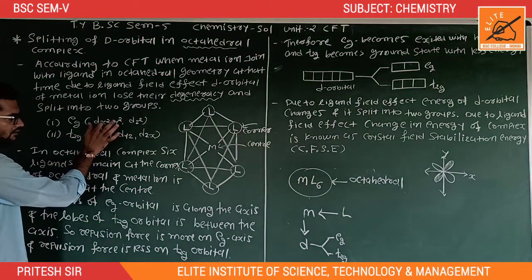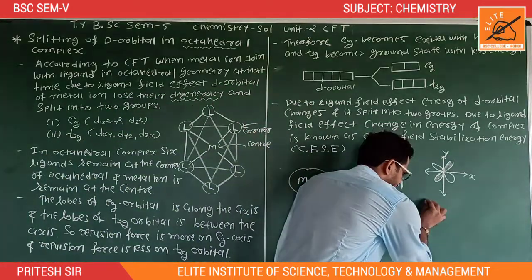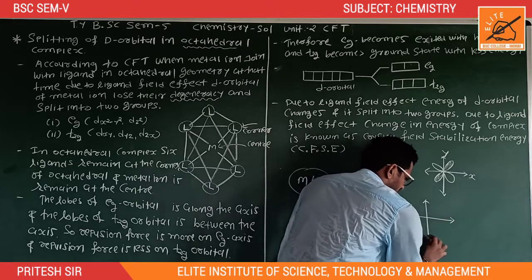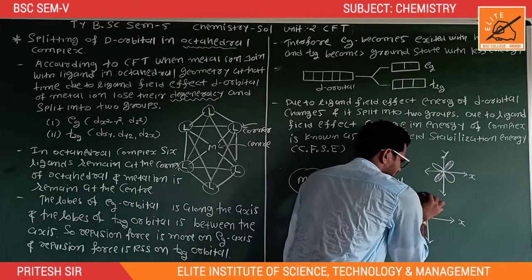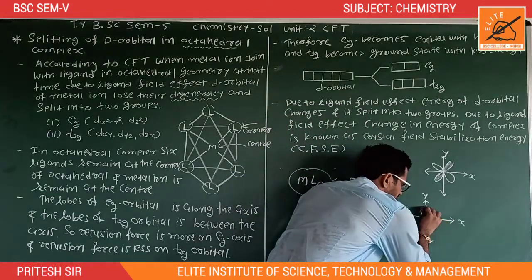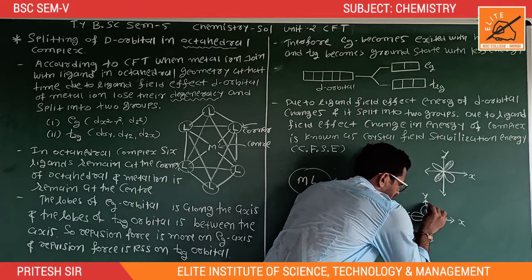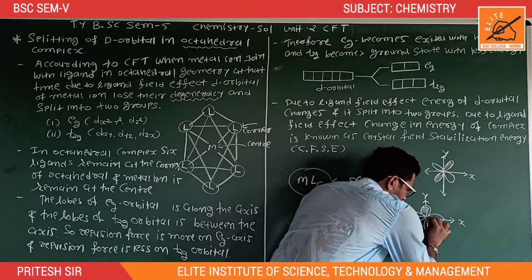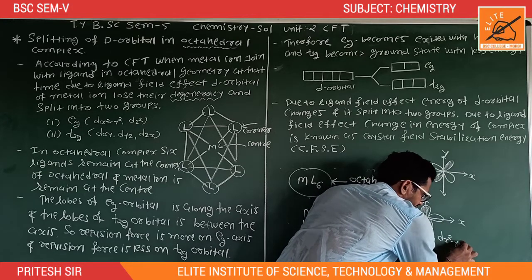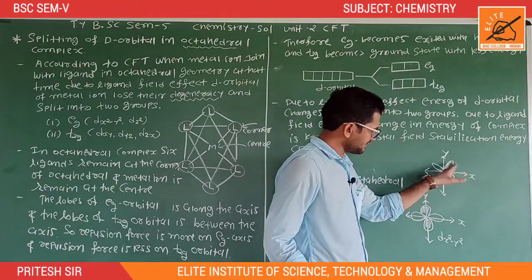So I will draw the figure of dx square minus y square. Here this is the x-axis and this one is the y-axis. In dx square minus y square, the lobes are lying on the axis, while in dxy the lobes are between the x and y axis.